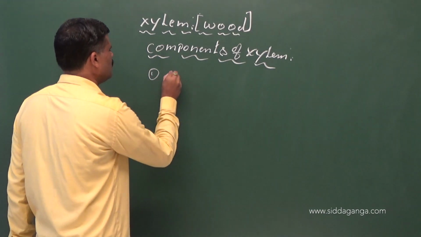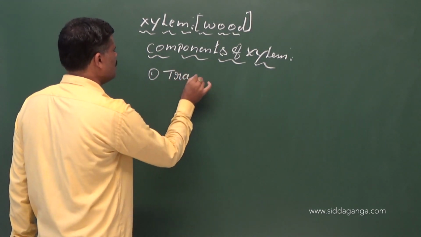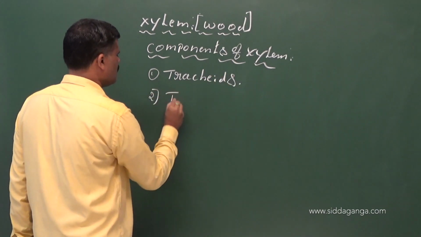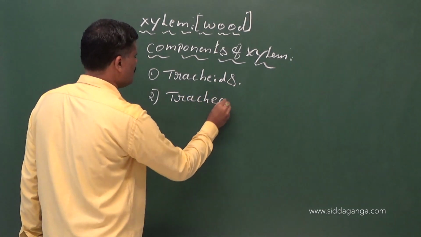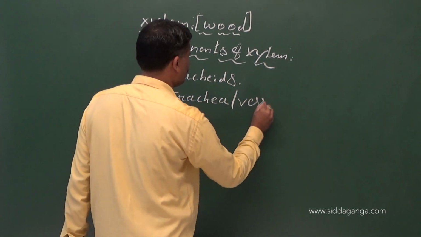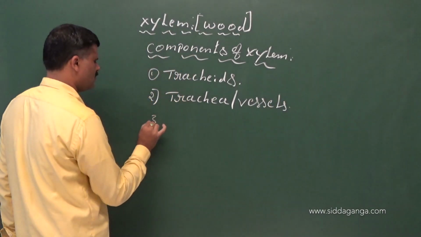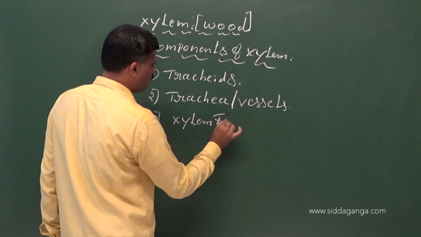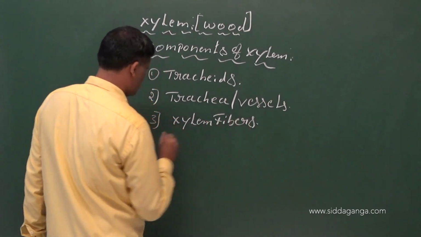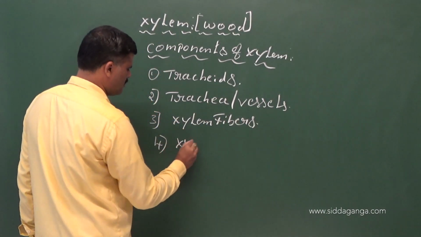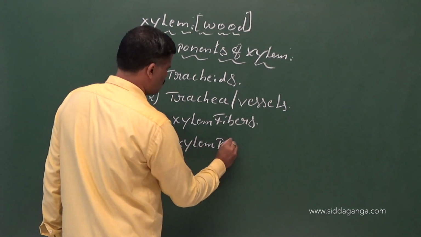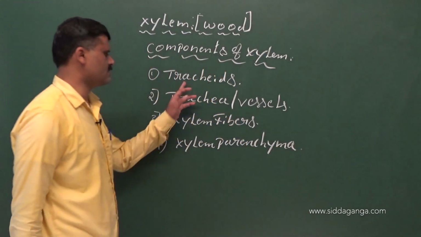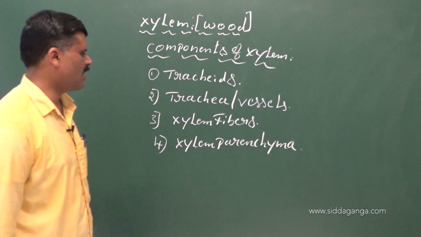So the xylem components are tracheids, trachea or vessels, then xylem fibers, and xylem parenchyma. Tracheids, trachea, xylem fibers and xylem parenchyma.